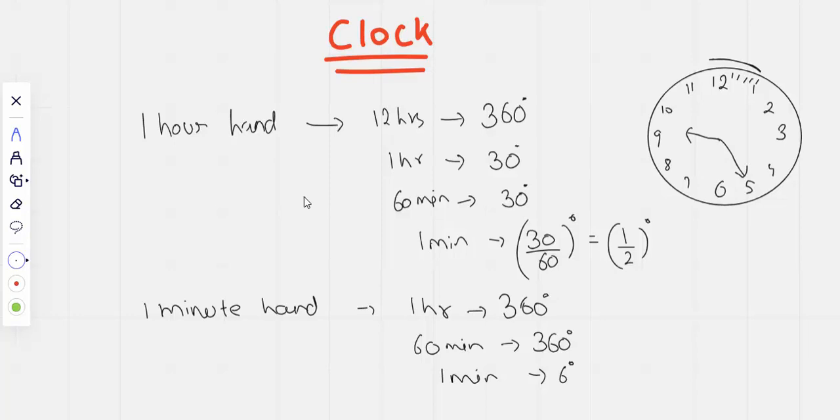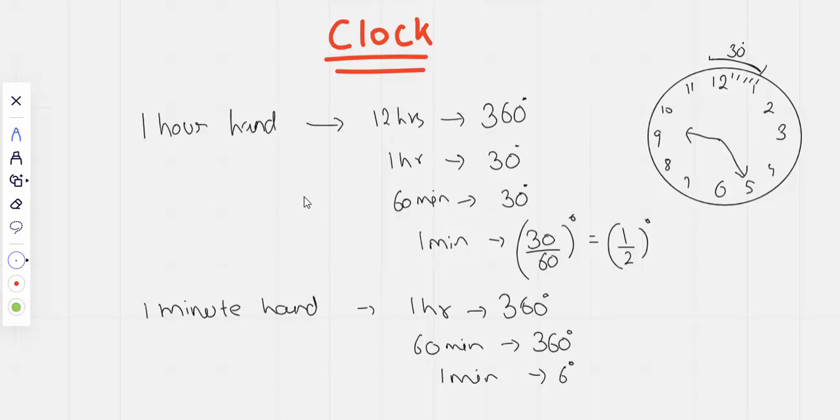Each 1 minute is 6 degrees, so this much range will be 30 degrees. So each 1 hour range, from the perspective of the hour hand, is 30 degrees. The hour hand in 1 minute will be moving half a degree, and the minute hand will be moving 6 degrees.